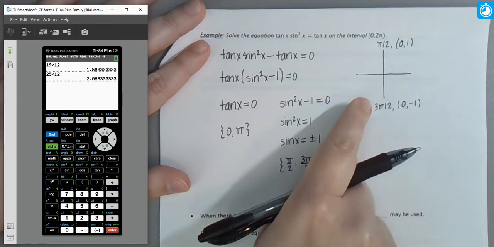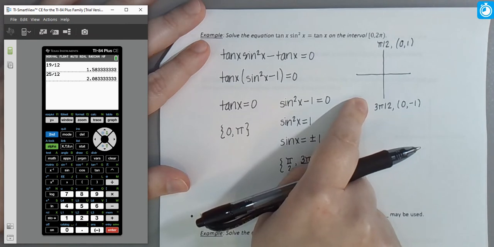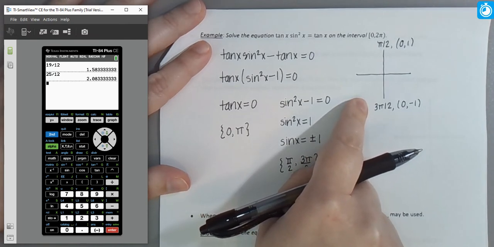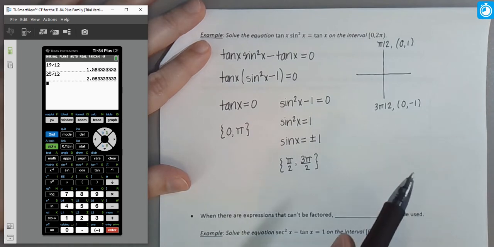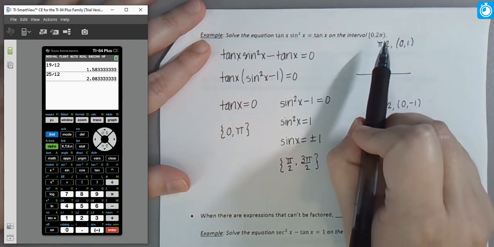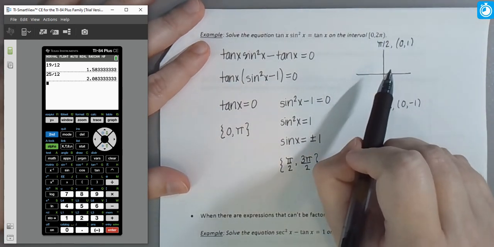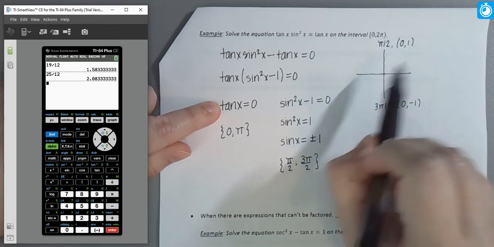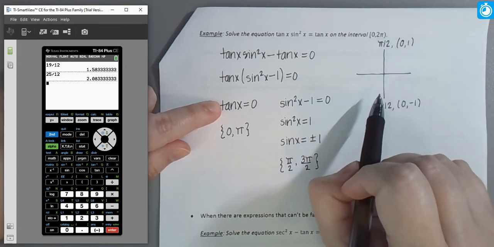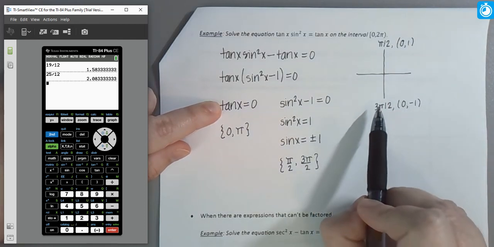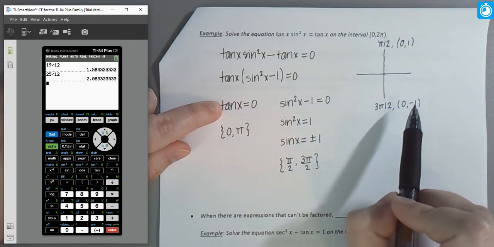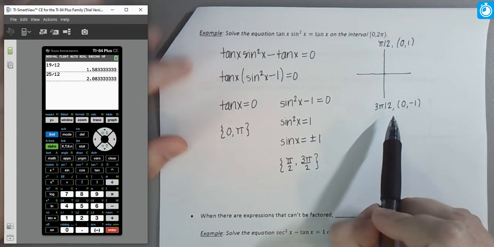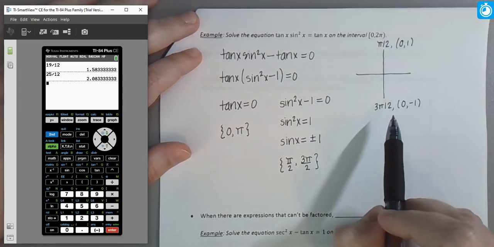What can we say about the value for tangent at these two radian measures? Well, it's going to be the sine, which is our y, divided by the cosine, which is our x. So at pi over 2, sine over cosine, aka tangent, is 1 over 0, which happens to be undefined. At 3 pi over 2, tangent, which is sine over cosine, is negative 1 over 0, which also happens to be undefined.